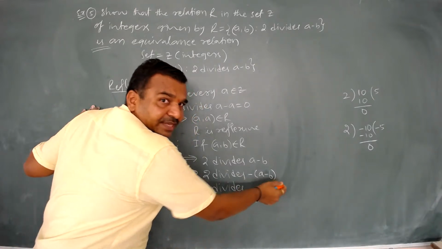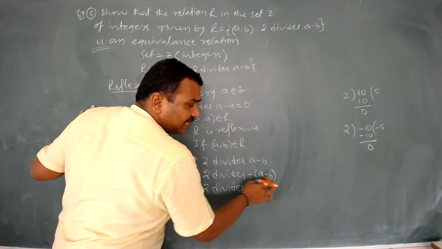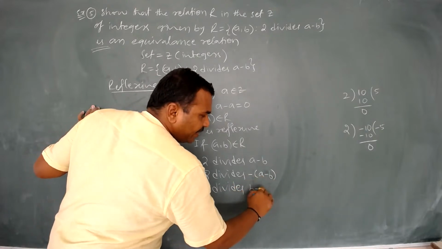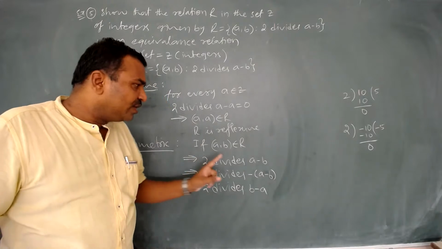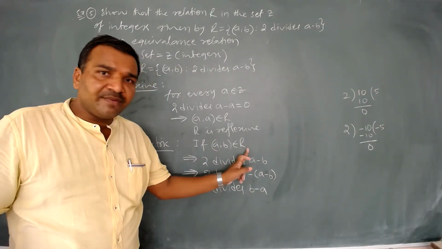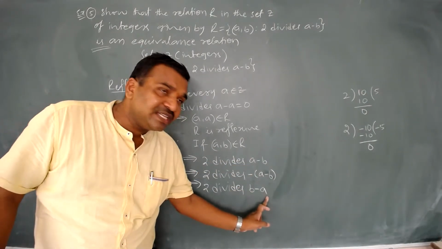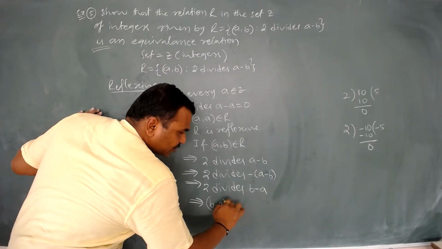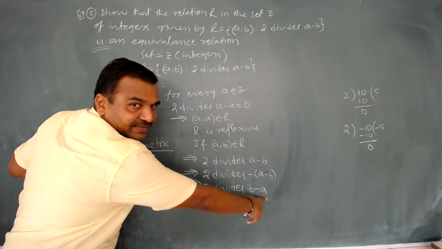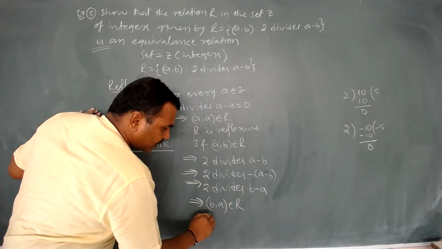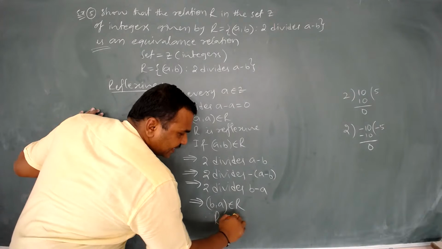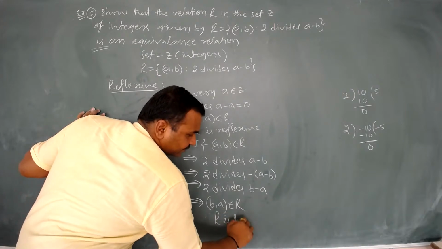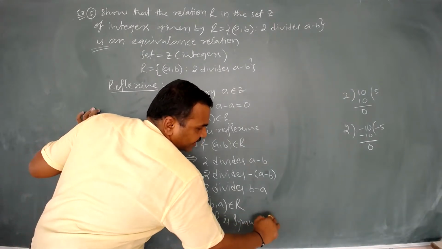Minus of (a minus b) means minus a plus b, or we can write b minus a. If 2 divides b minus a, then (b, a) satisfies the condition, so (b, a) belongs to R. Therefore, R is symmetric.